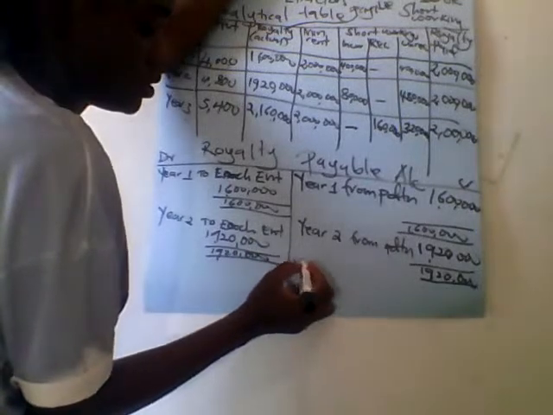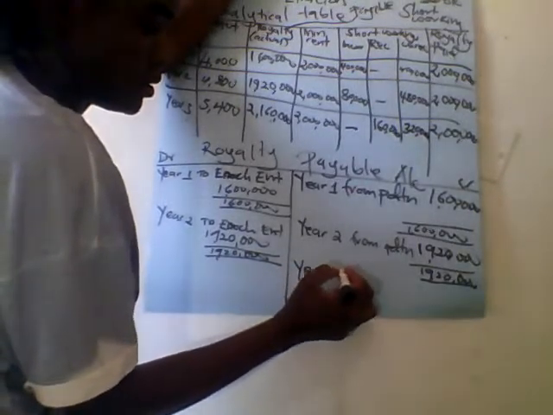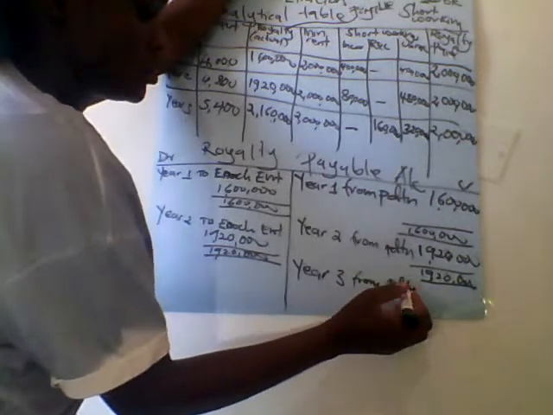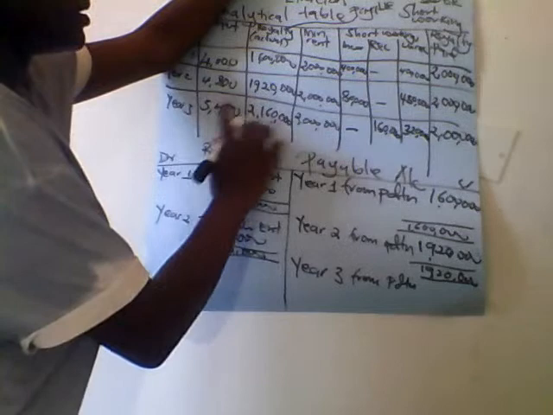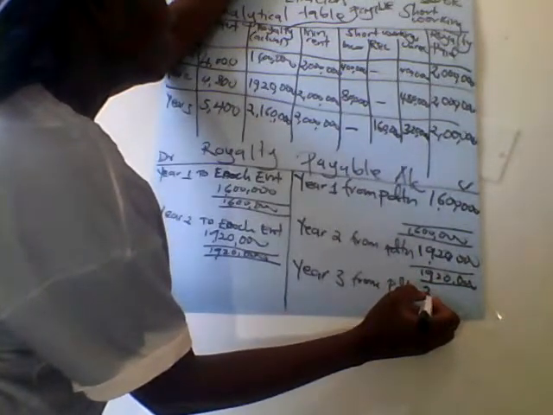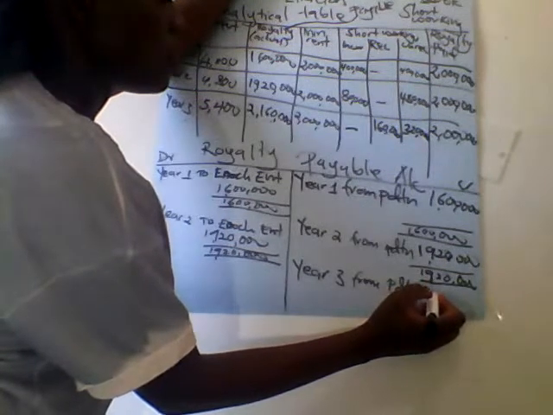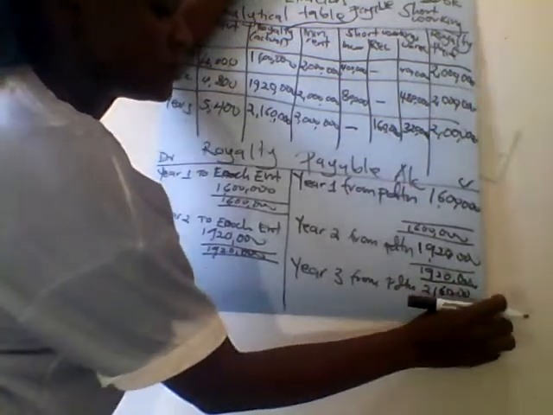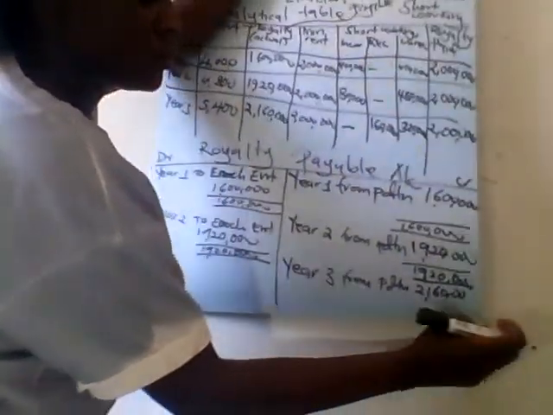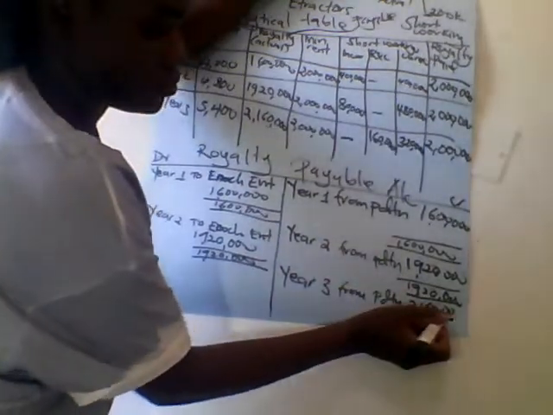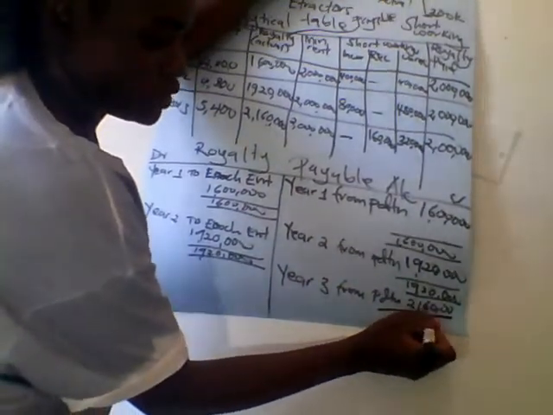Then for year 3, you do the same thing. From production, this 160.